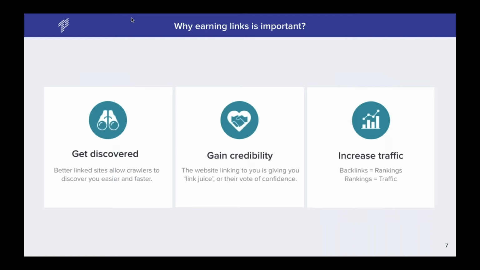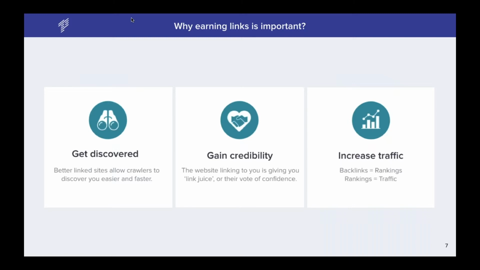So if you are a website that has no links from anyone and you're not pointing to anyone, it's really difficult, if not impossible, for the crawler to locate you. If they do locate you, it's going to be later than with other links. So the better linked the site is, the easier it is for you to be discovered.